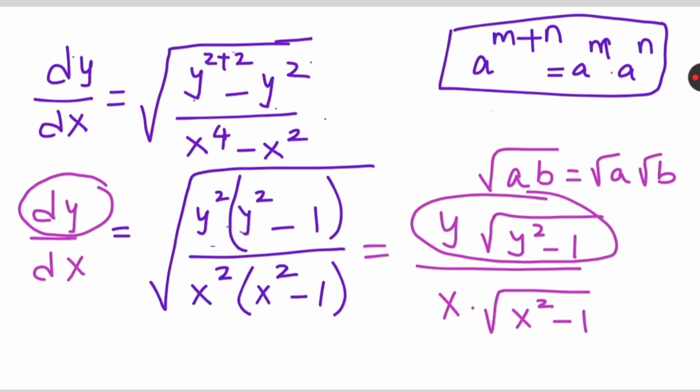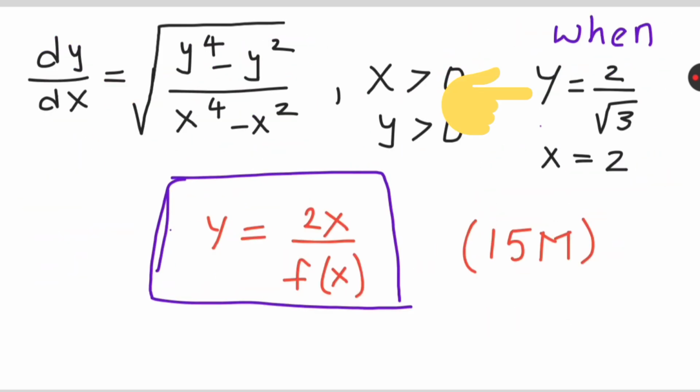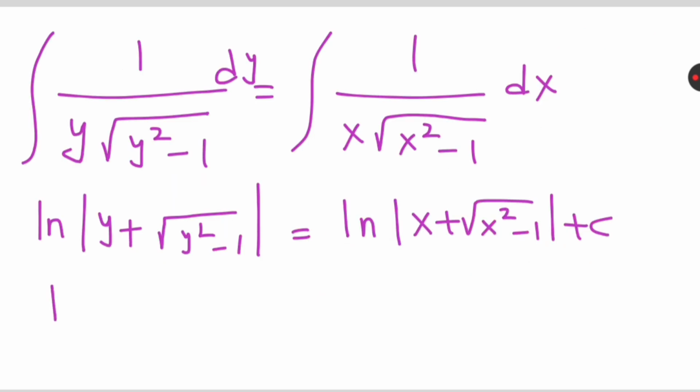So what's the given question? When you substitute y equal to 2 over root 3 and x equal to 2, we need to give the answer in terms of this. So let's substitute y as 2 over root 3 and x as 2. So ln of y value, 2 over root 3, plus square root of (2 over root 3) whole square.